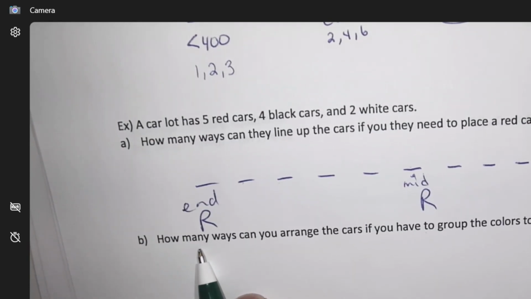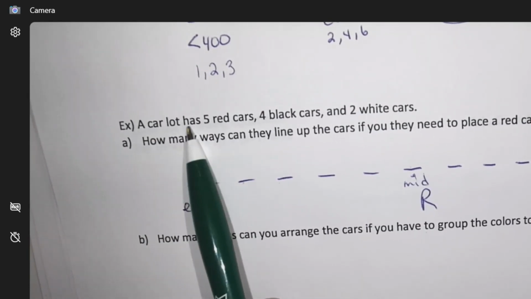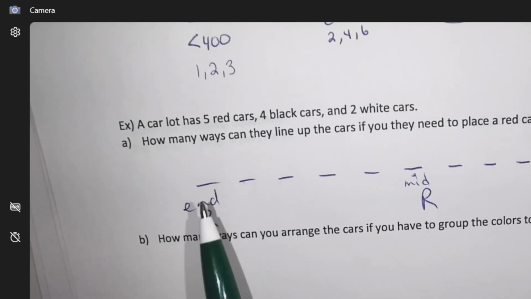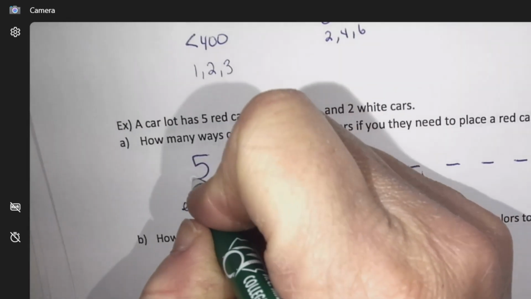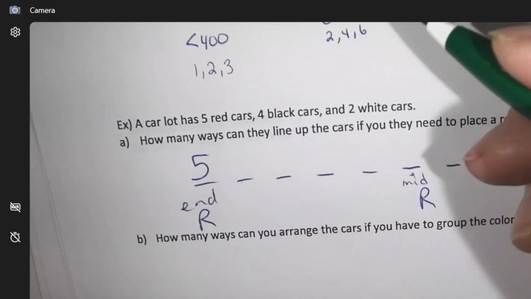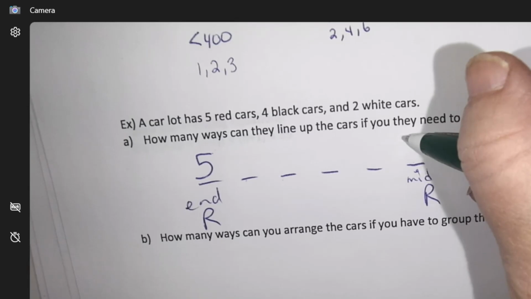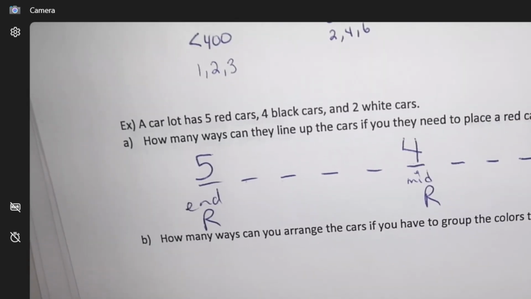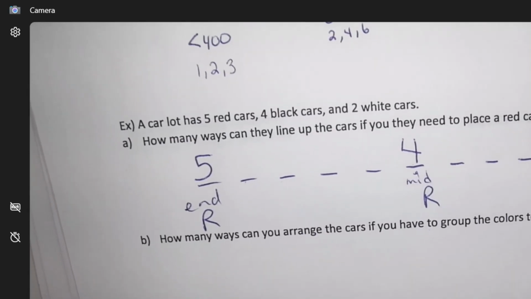How many options would I have to put a red car right here? I have 5 red cars to choose from. Then if I go to the middle, I'd have 4 red cars to pick from. And then at the end, I'd have 3 red cars I can pick from.